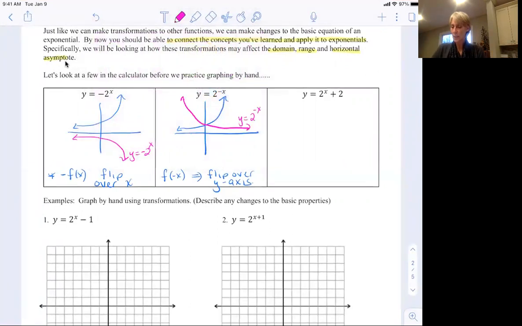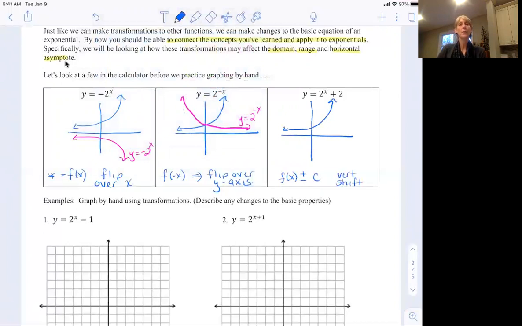And in our last example, let's try to do this one first. There's my original. What do you think it's going to do? If you remember correctly, f of x plus or minus c is going to be a vertical shift.